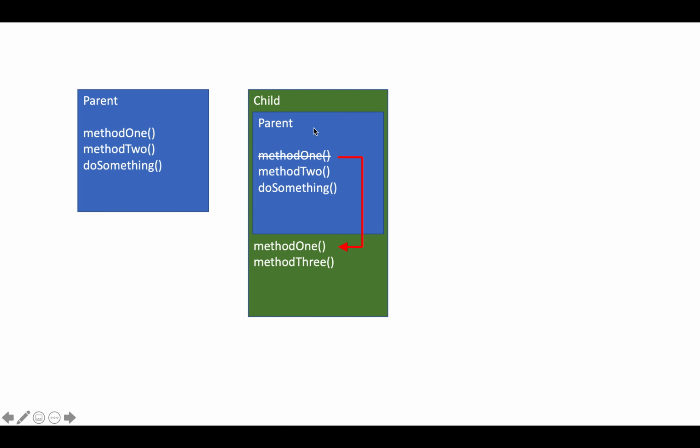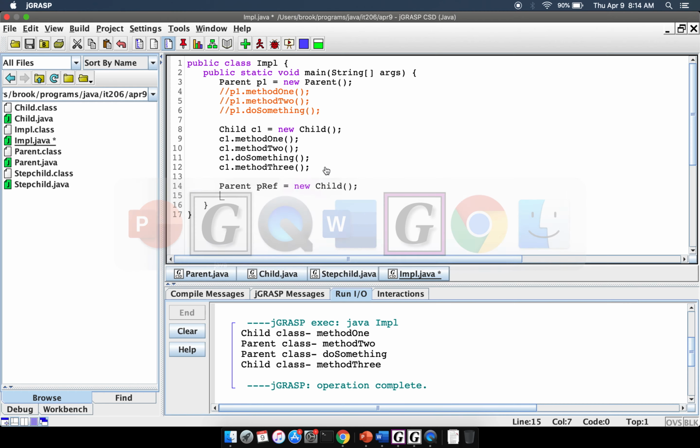So by doing it this way, I can only call method 1, method 2, or do something. If I try to call method 3, for example, it's not going to let me. And then the question becomes, if I do call method 1, because I'm using a parent reference, is it going to call this method 1 or is it going to call this method 1? Okay, so let's go ahead and see what happens.